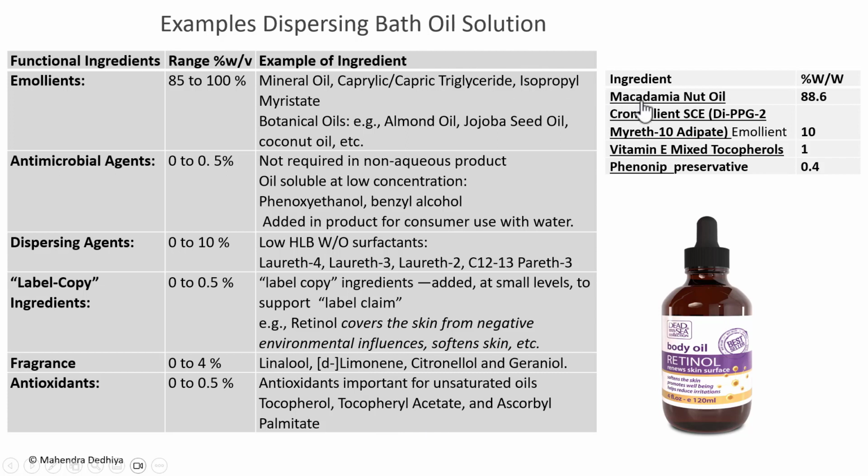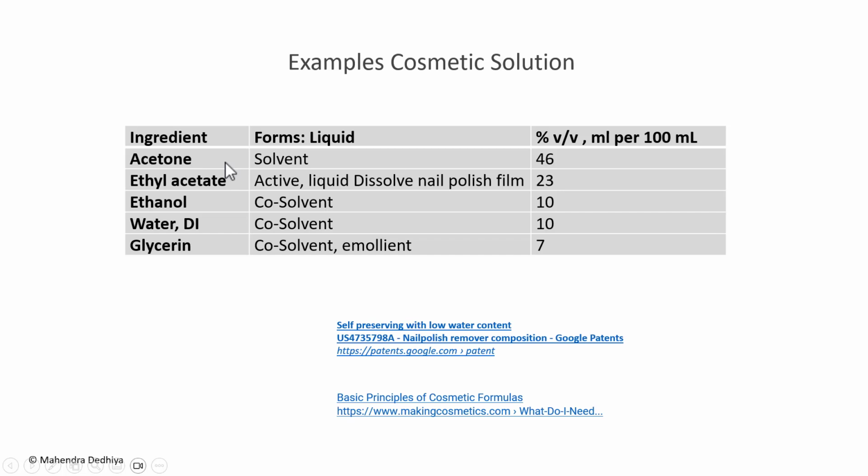Here's an example of a bath oil. It has macadamia nut oil. Botanical oils are commonly used to give the product a natural claim. Cromulent SCE, that's a brand name, is an emollient. Vitamin E, tocopherol, is used as an antioxidant. A preservative, Phenonip, is also used. Let's look at another example of a cosmetic solution.